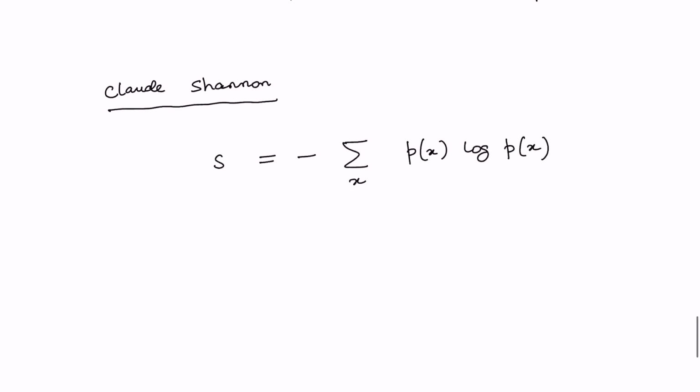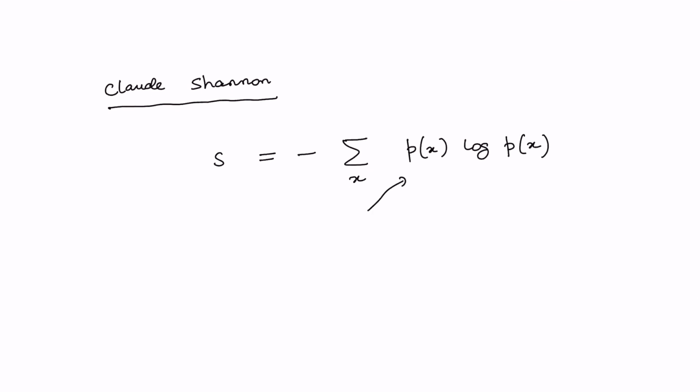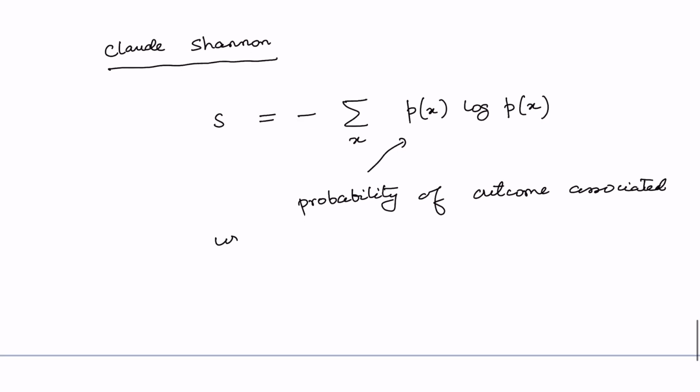Here p of x is the probability of the outcome associated with the measurement of a random variable x.